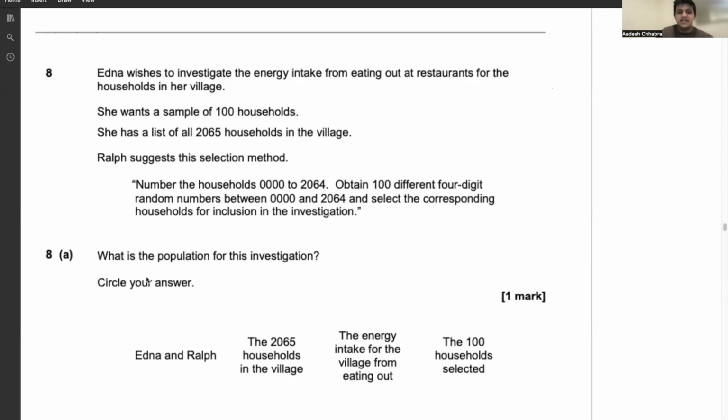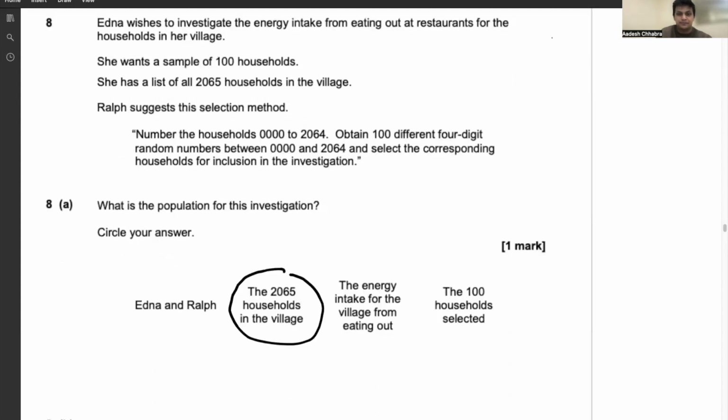So question 8A has asked us, what is the population for this investigation? Since we are choosing households from 0 to 2064, we know that the list of all the 2,065 households in the village would be our population. So go ahead and circle that as our answer.